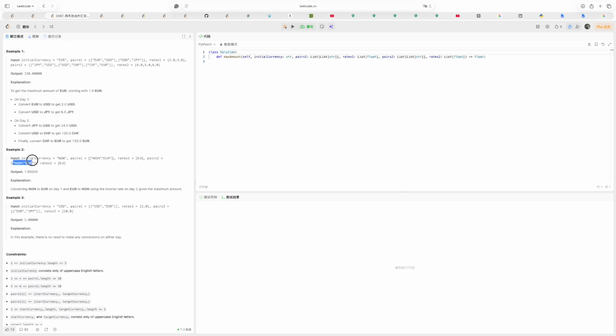Oh no, but you can convert NGN on day 1, you will have 9 euros, and then going back, it's 9 multiplied by 1 divided by 6.